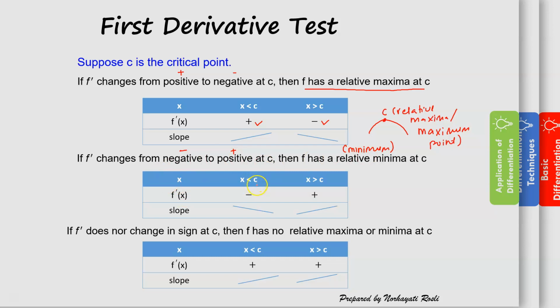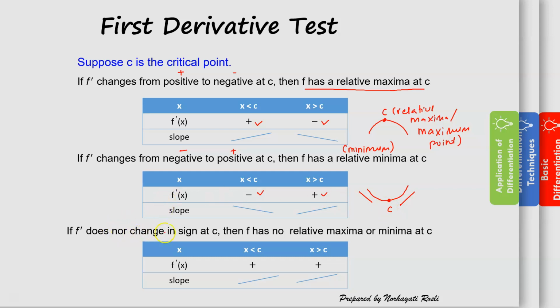When x is less than C, our f prime function is a negative value, so the slope will be going down. If x is greater than C, we compute f prime of x, it is a positive value, meaning it will have an upward trend. When we plot, this is our C, this one going down, this one going up, meaning that C is a minimum point.